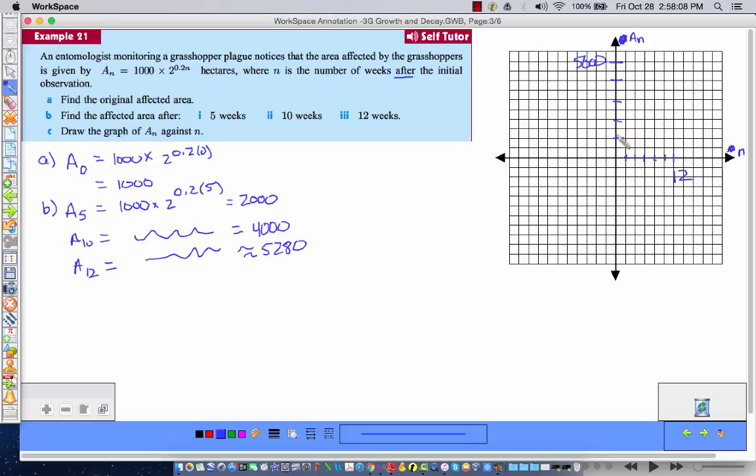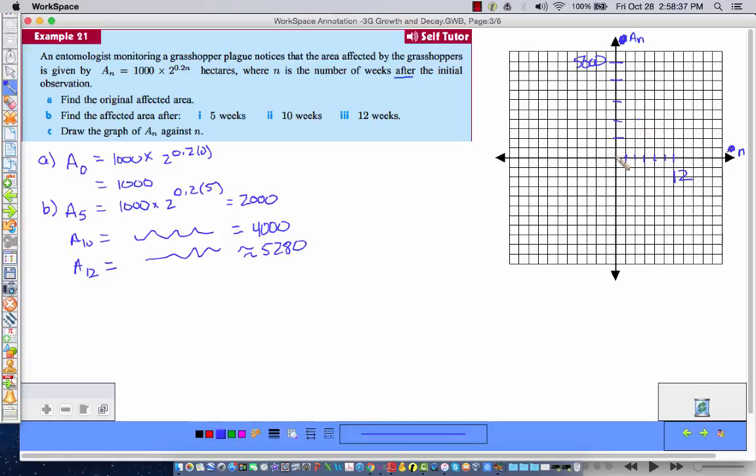And at time 0, we were at 1,000. So 0, 1,000 is a point. At time 5, we were at 2,000. Oh, wait a second. 2,000 is up here, isn't it? Yeah, I totally messed this up.